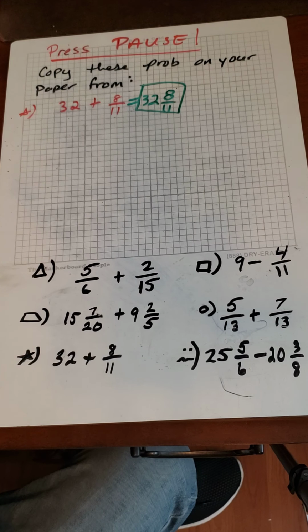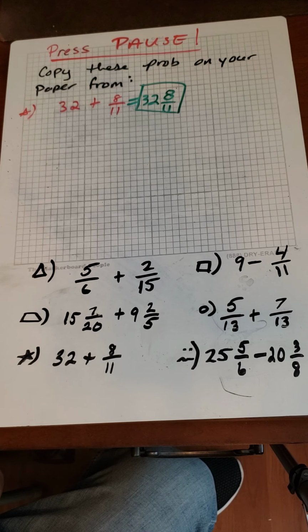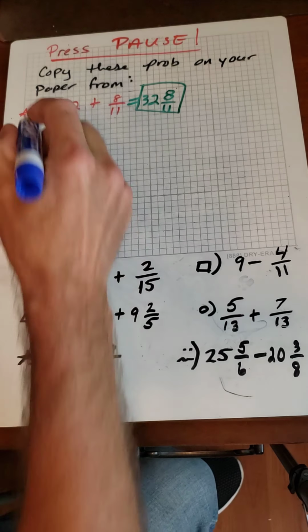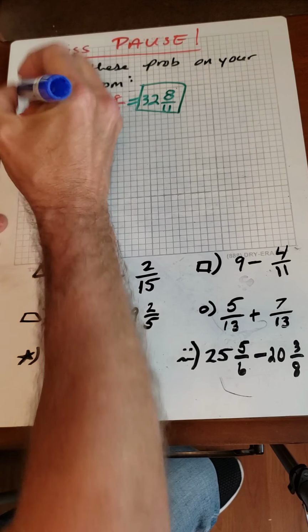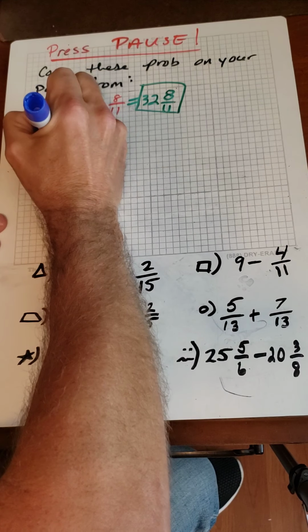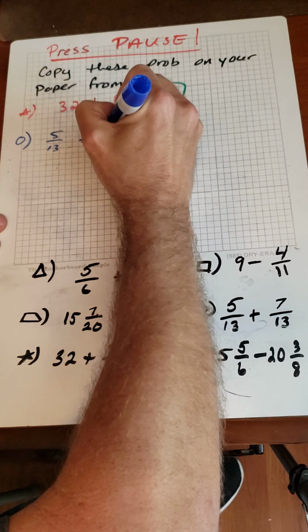Okay, so now we look at that and say, okay, we kind of get why maybe that's the easiest one, and it's even a little bit easier than the one I think most of you probably put as your easiest. And I'm guessing this is the one you guys put down as the easiest, the O or the circle. That's 5/13 plus 7/13.